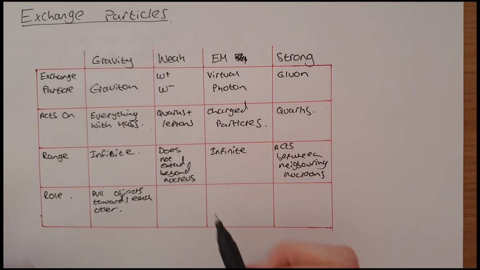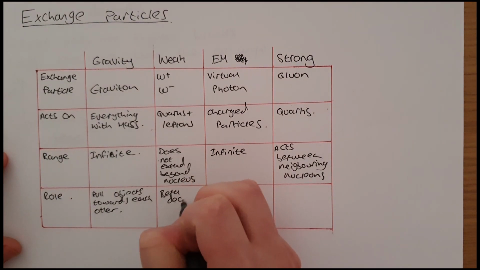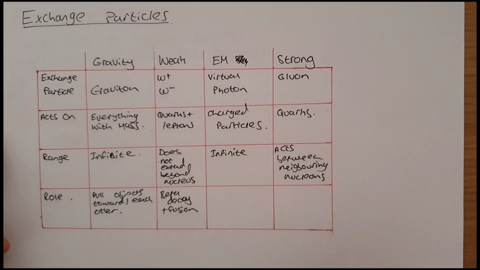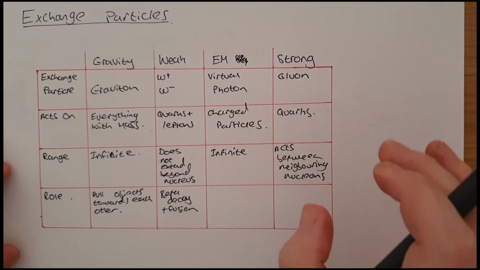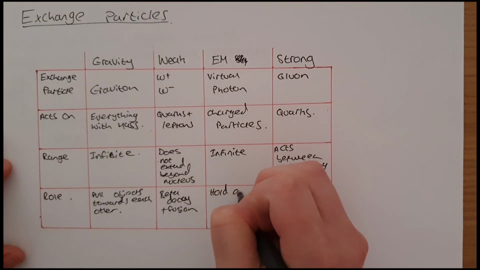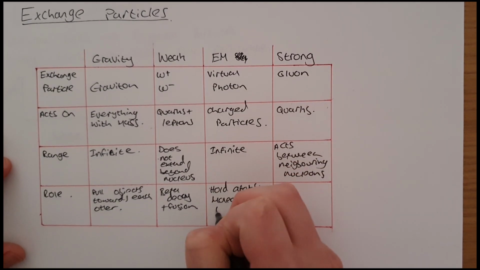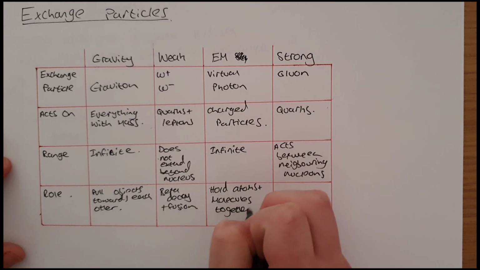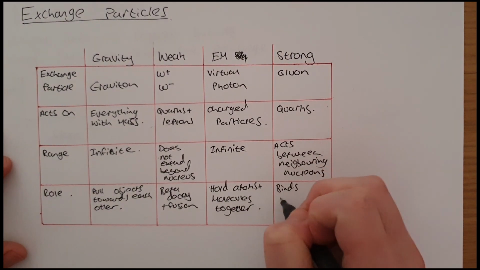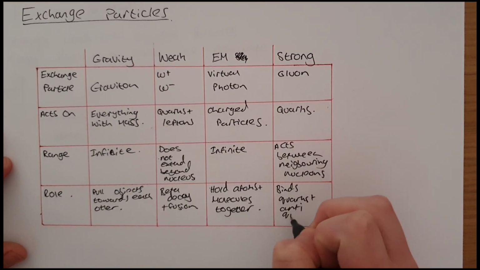The weak nuclear force is responsible for beta decay and fusion. The electromagnetic, its role is to hold atoms and molecules together. And then our strong binds quarks and antiquarks.